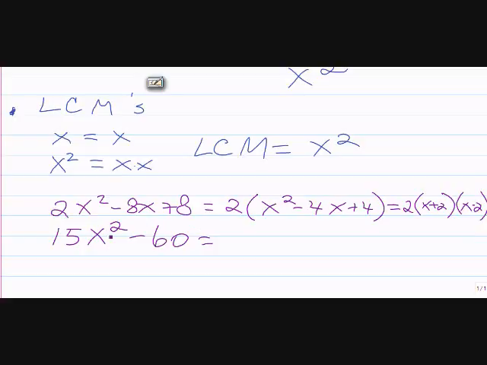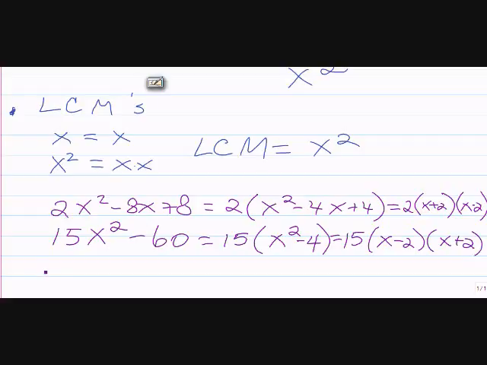Now, for the second one, 15 will go into both 15 and 60, so this is 15 times x squared minus 4. Oh, x squared minus 4 can be factored. It's the difference of two perfect squares. So this is 15 times x minus 2 times x plus 2.